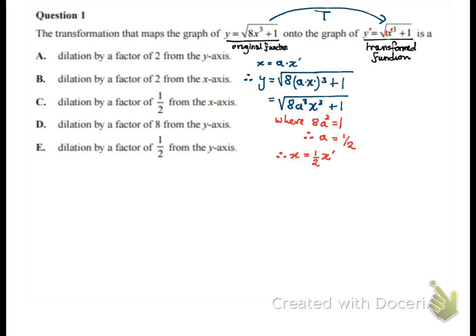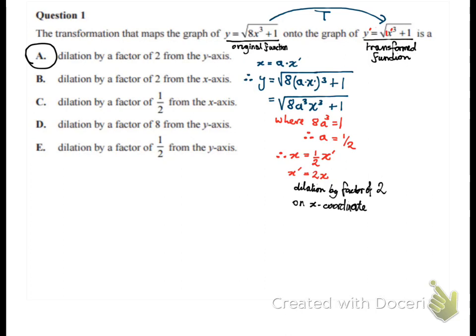So what is the actual transformation occurring on the original x coordinate to give you the transformed x coordinate? We've got to rearrange to give this. Alright, so how do we interpret this transformation? This is a dilation by a factor of 2 on the x coordinate. So that is part A. That's option A as your answer.